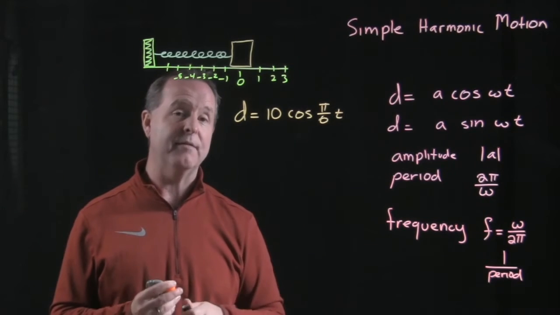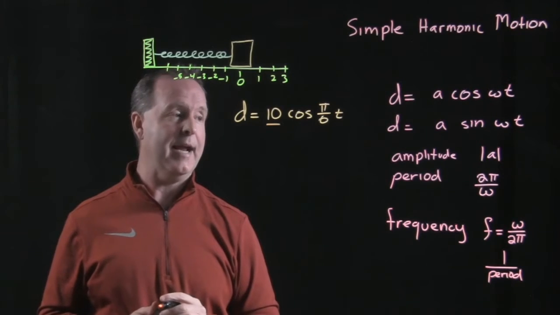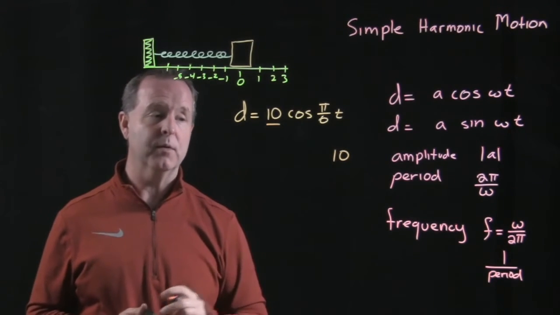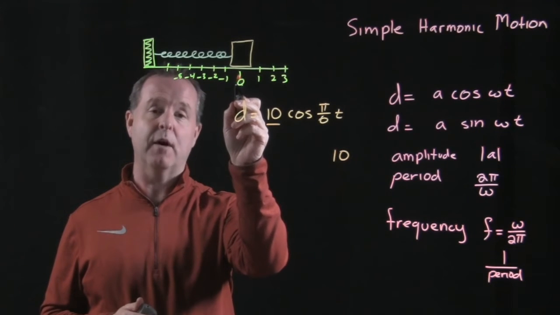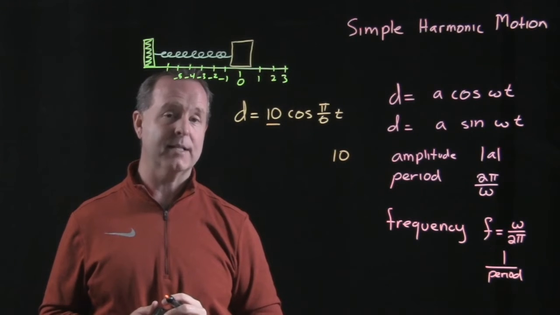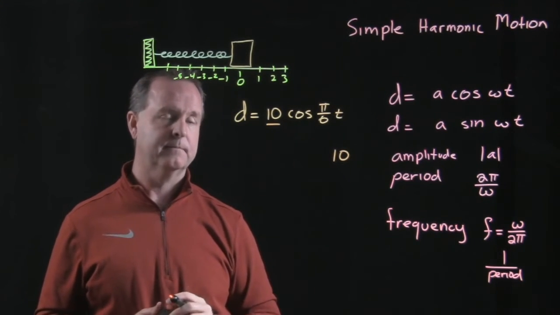Well, that we already have defined for us in the question: this 10 will represent its amplitude. That's the greatest value that is going to be displaced from its equilibrium point. It's never going to be greater than 10. 10 will be the maximum point, so we call that its amplitude.